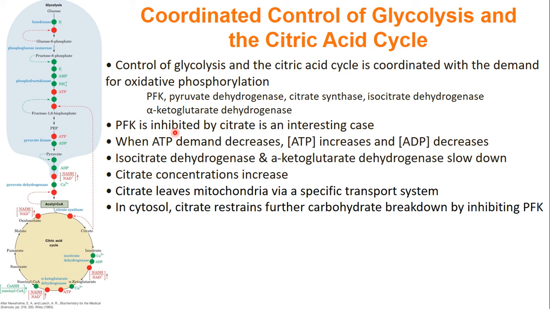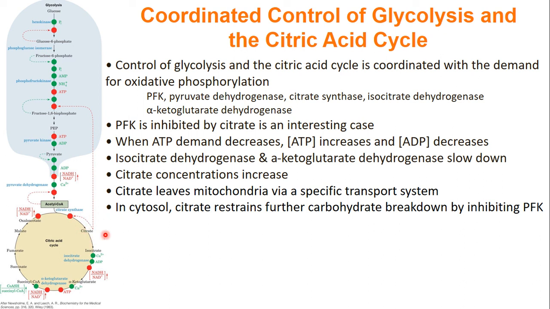When your ATP demand decreases, that means you have plenty of ATP and not a lot of ADP around, which means isocitrate dehydrogenase and alpha ketoglutarate dehydrogenase both slow down, which means your citrate concentrations will increase because you're more or less stuck at this part of the citric acid cycle.